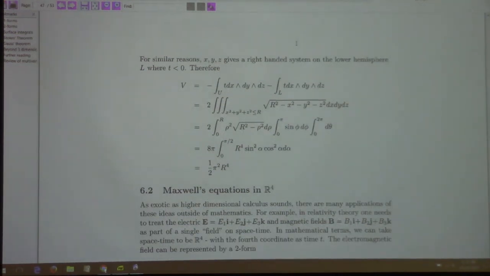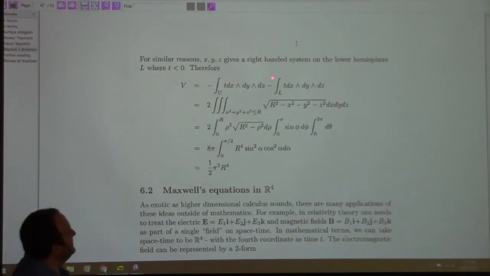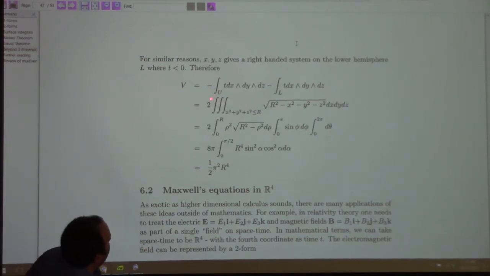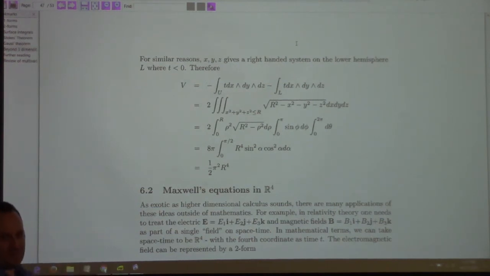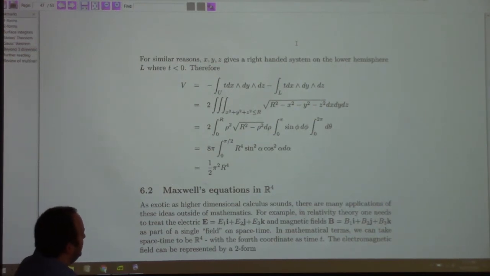By the way, you have to do the upper and lower half of the sphere, and he uses some symmetry argument to just double it up. So that's what happens to the t. He's going to use x, y, and z as coordinates on S3, and in terms of x, y, and z, that's what t is on the 3-sphere.